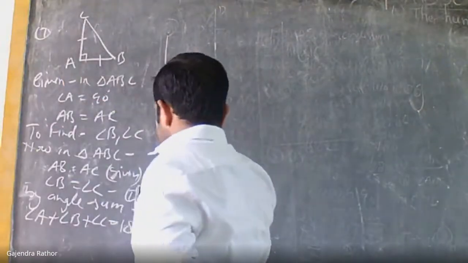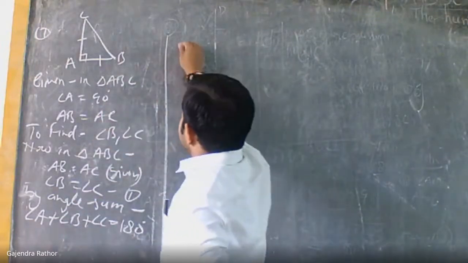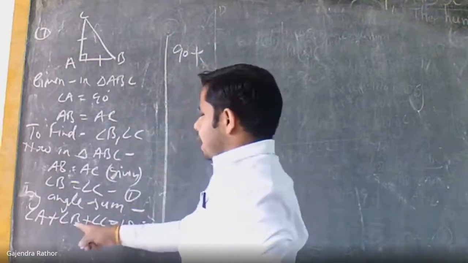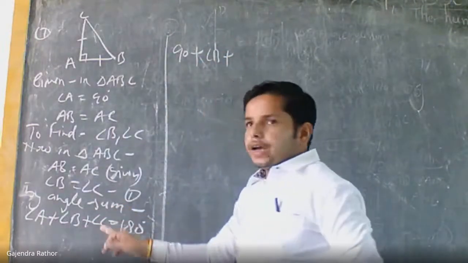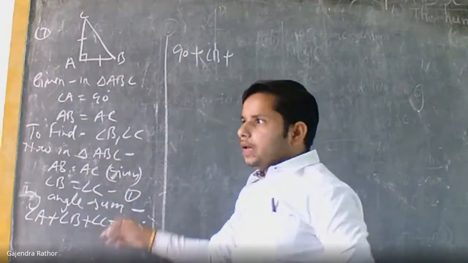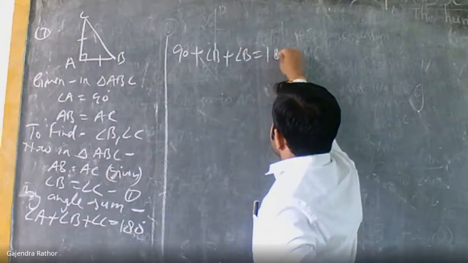Now let's see. What is the value of angle A? 90 degrees plus angle B plus angle C. We can replace angle C by angle B. So again, angle B is equal to 180 degrees.